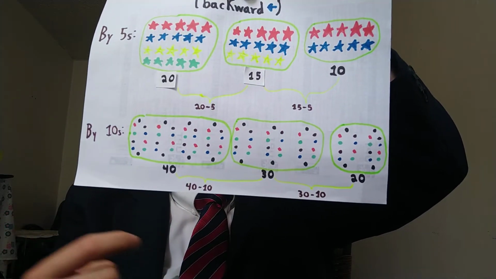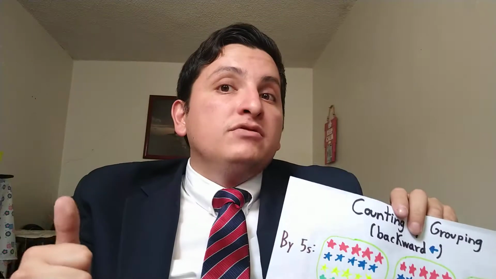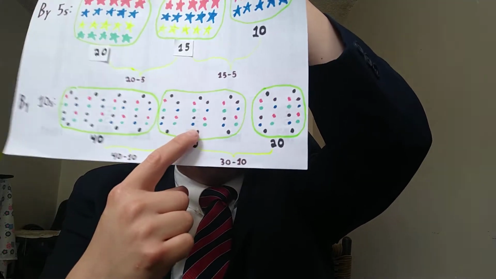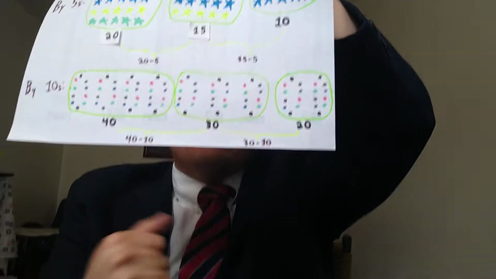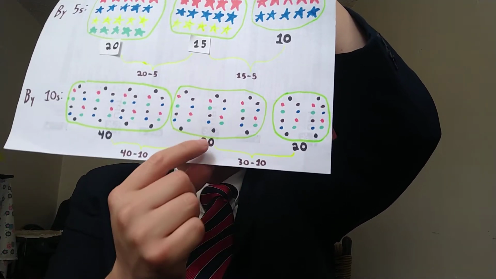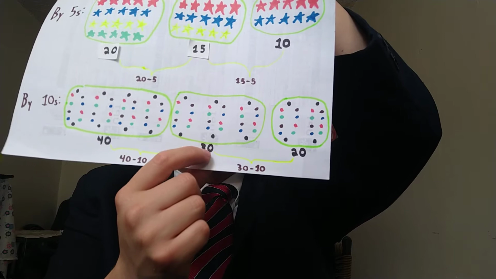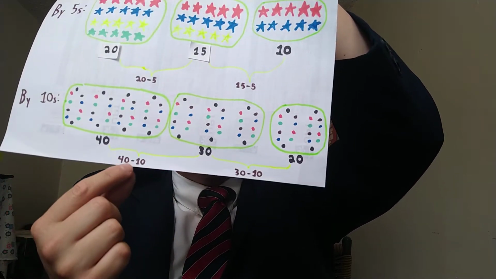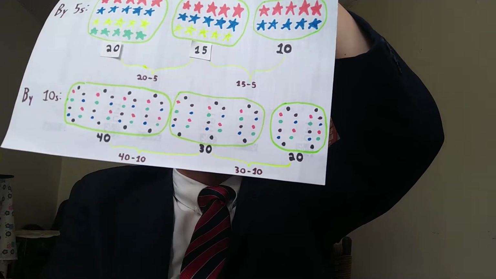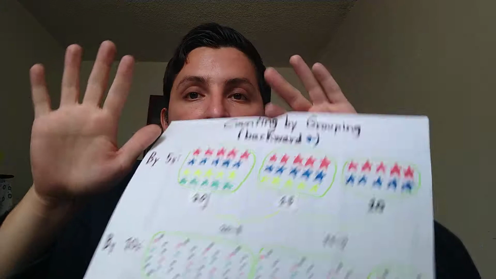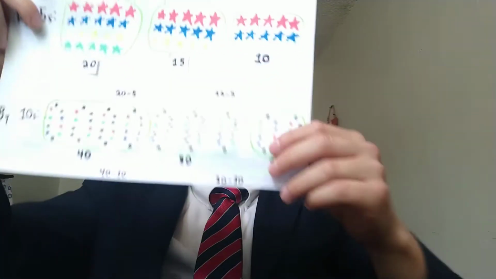Yes? Now, I must count backward 10. So we go right here. Let's check how many we have. 10, 20, 30. As you can see, 30 is smaller than 40. It is the representation of 40 minus 10. And we must go back 10 more.